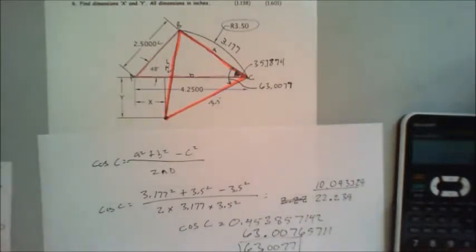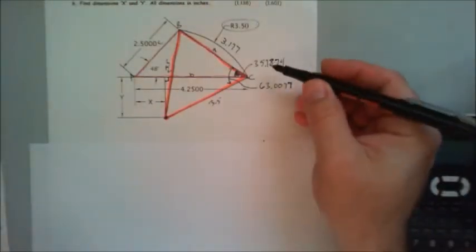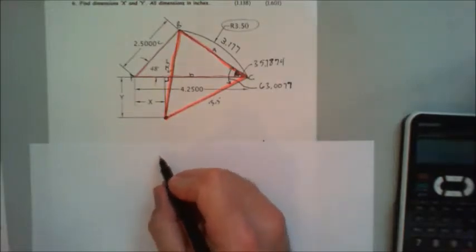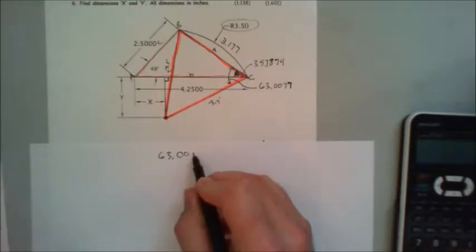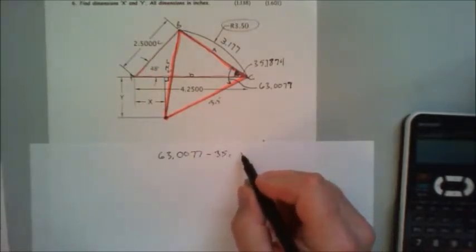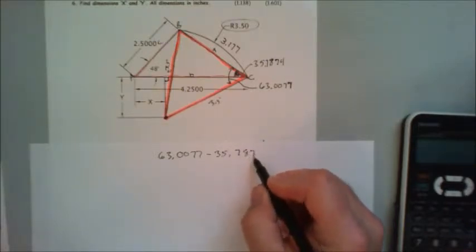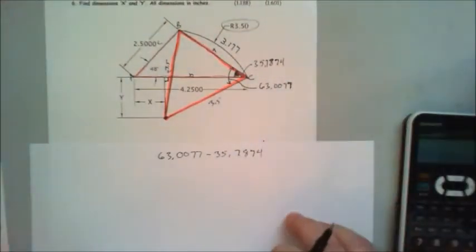Okay, here we go. So now we have this angle here and this angle here. So we're going to say 63.0077 minus 35.784. I hope that's a 7.